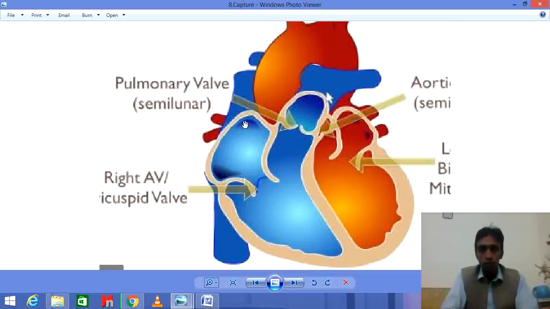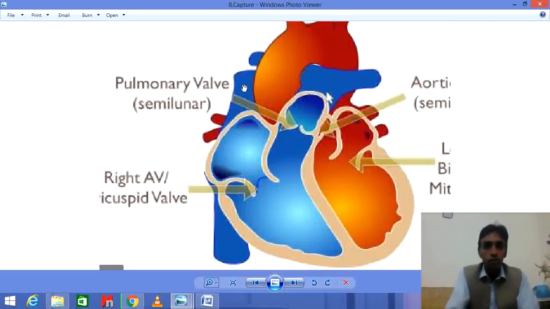In the fetus, when the baby is inside the mother's uterus, the heart is not fully mature.